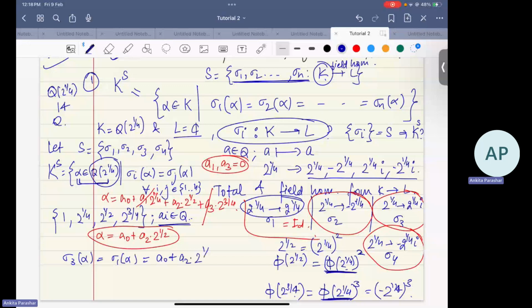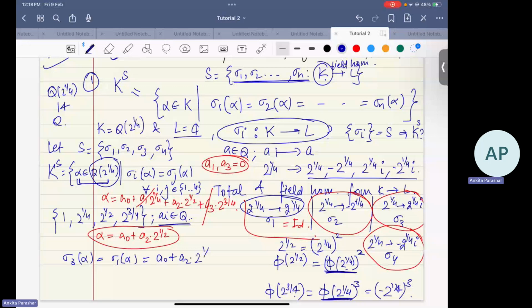Now, I mean the definition. Now, the Galois group of Q(root 2, i) over Q. If I have Q, Q root 2, i, look at the definition again. Think for a minute.